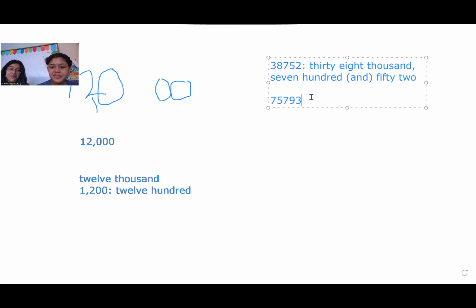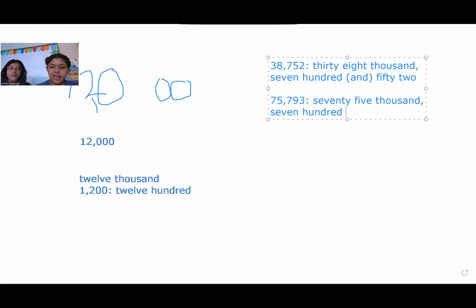Oh, and if you want to make it easier, we can put the comma here to kind of separate it. 75,793. So I believe when you're writing it out, the comma is in kind of the same place where it would be in the number. We don't always do that on the whiteboard because it's just for practice.